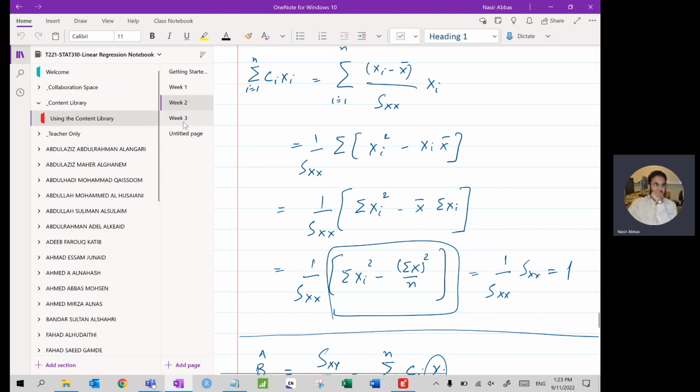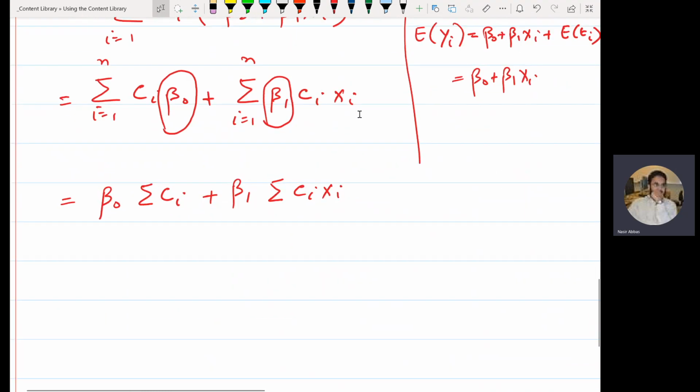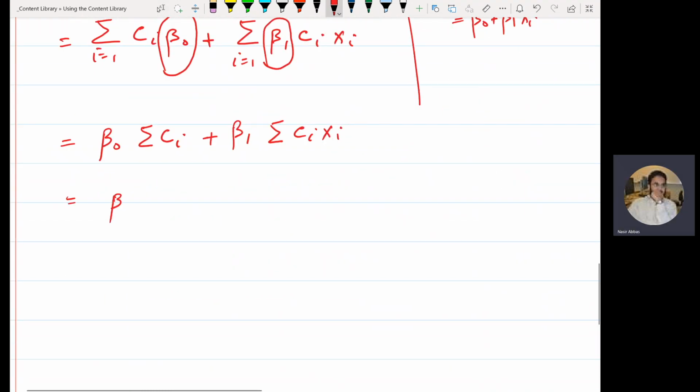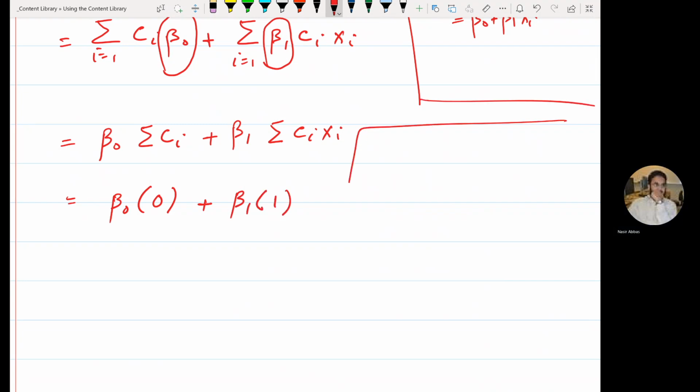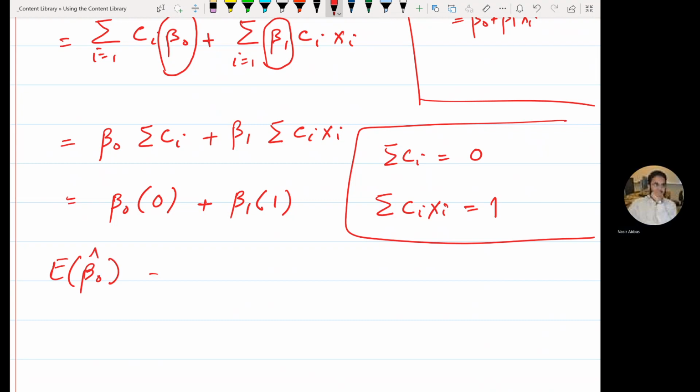So we take these from here and we put them here. So you will have beta naught times 0 plus beta 1 times 1. We are using the summation of Ci to be 0 and the summation of Ci xi to be 1. And this gives us the mean of beta 1 hat to be equal to beta 1.